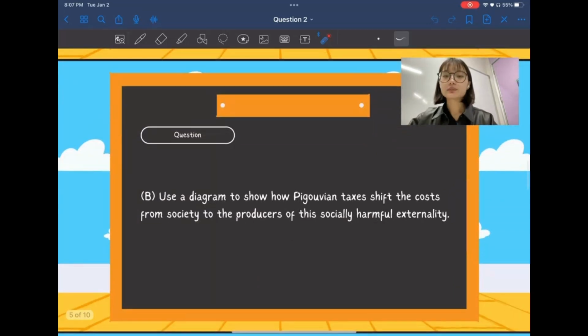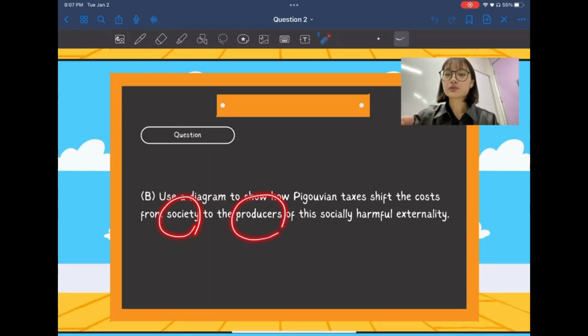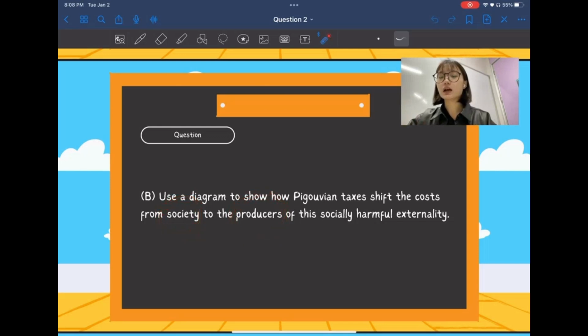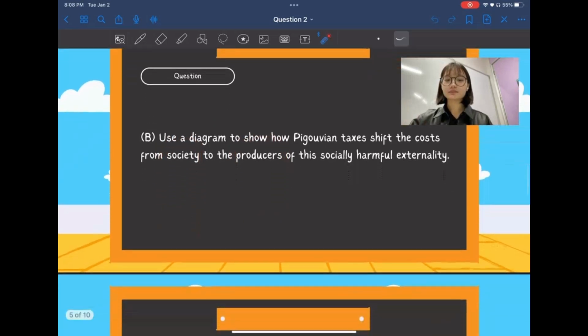And for question B, use a diagram to show how a Pigouvian tax shifts the cost from society to the producers of this socially harmful externality.